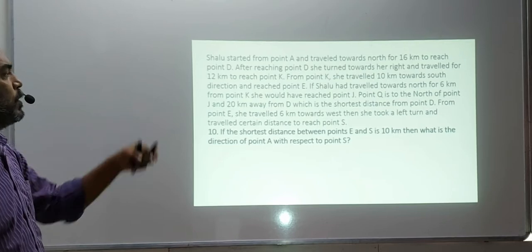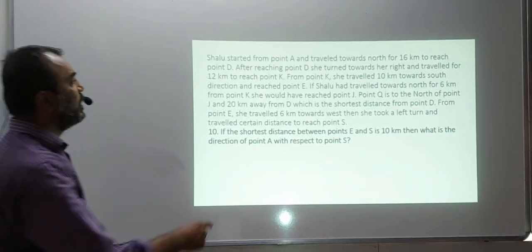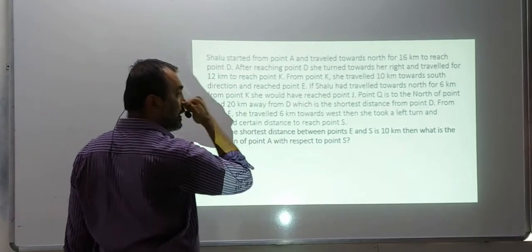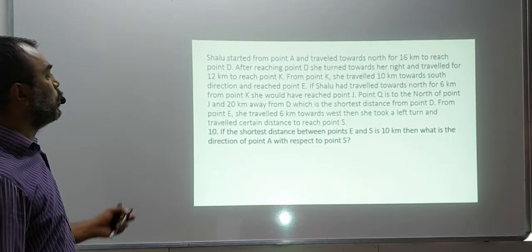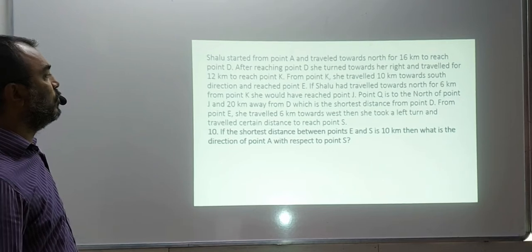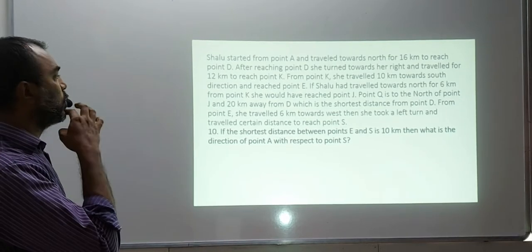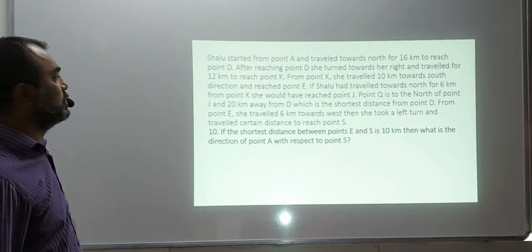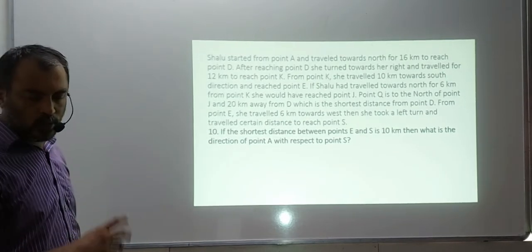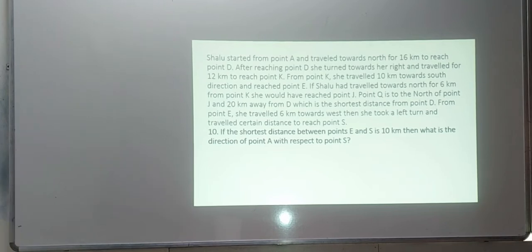You have to draw a diagram accordingly. Now from here the data changes again. Point Q is to the north of point J and 20 km away from point D, which is the shortest distance from point D also. From point E, she travelled 6 km towards west. Left turn. So this will take you time, but not an issue. Think over it.